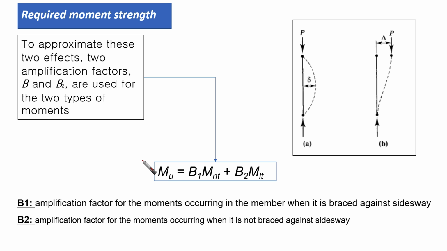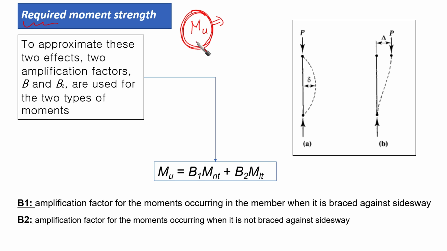Okay, now let's see what the required moment strength is here. If we have M ultimate coming from the loads being applied on the system or in the element, this means that our ultimate strength, which is the required moment strength, needs to be amplified in a specific way.